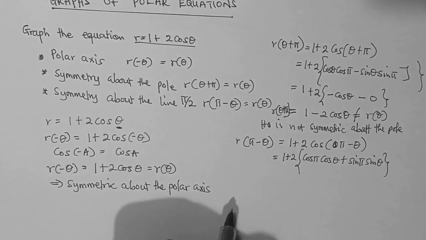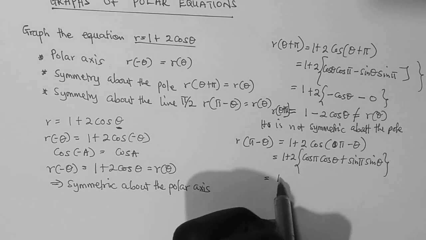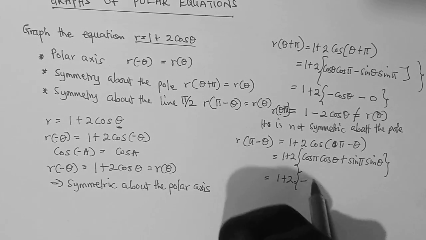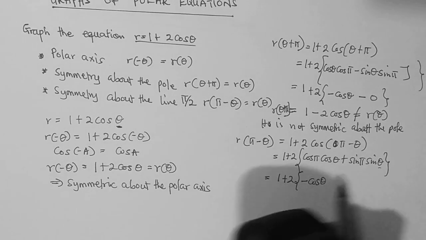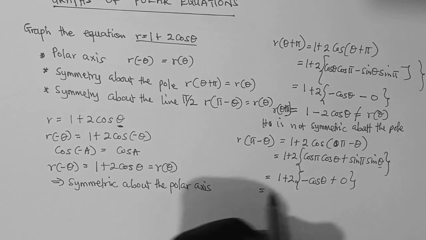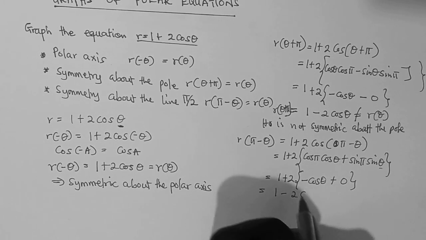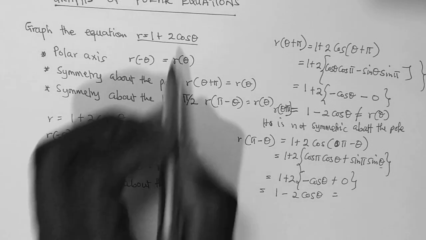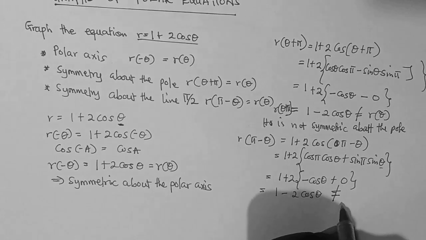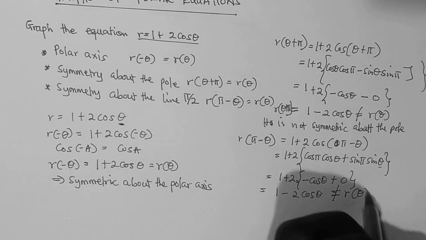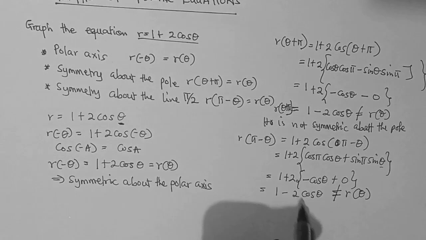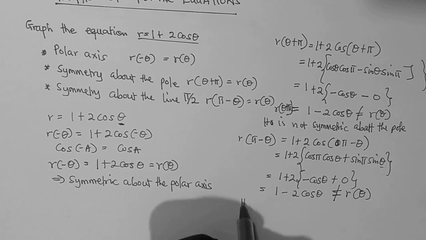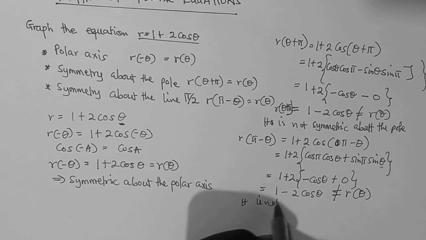Cos pi is minus 1, so this becomes minus cos theta. Sin pi is 0, so it becomes plus 0. This is equal to 1 minus 2 cos theta. But you see that 1 minus 2 cos theta is not the same as 1 plus 2 cos theta. Therefore, this is not equal to r of theta. It means that this polar equation also fails the test for symmetry about the line pi over 2.